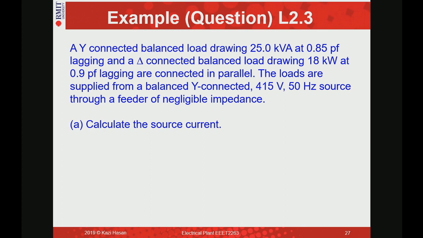We have done this in the previous problem in some way, and we have done it separately. We calculated the real power for Y circuit, reactive power for Y, then calculated the total S, apparent power, then from there we calculated the line current, source current.